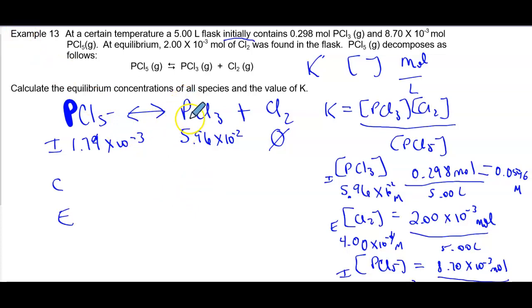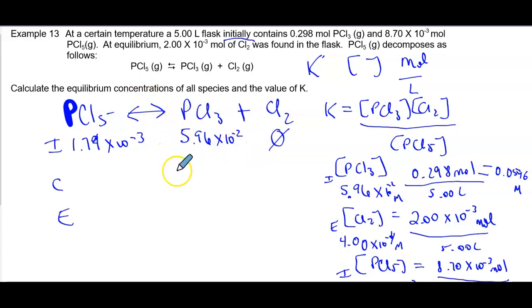Thinking of this side of the arrow as your reactant side and this side as your product side, one side will have a plus X, the other side will have a minus X. You won't have a plus and a minus X on the same side of the arrow.